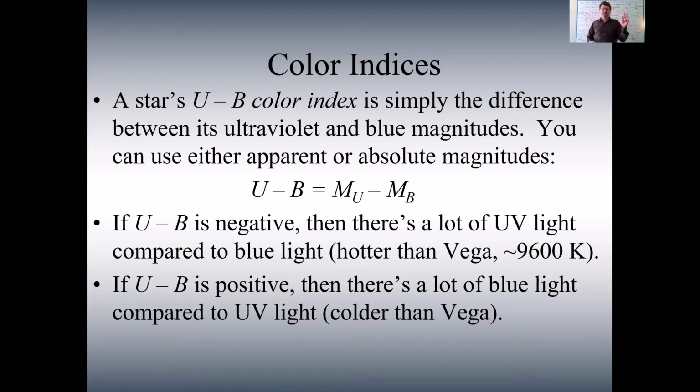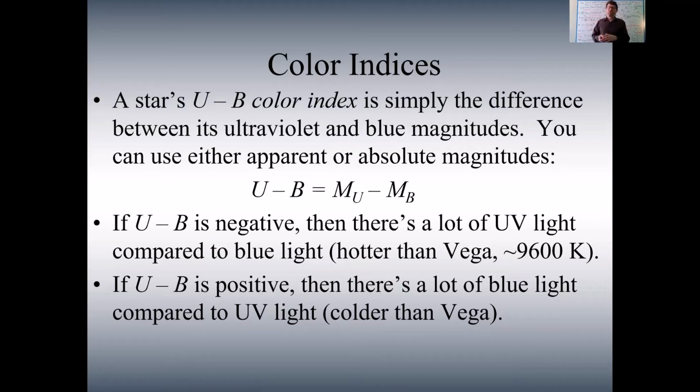And so if the difference in magnitudes U minus B is negative, it means in a sense that the U light is stronger than the B light, loosely speaking, because U is smaller than B, so that U minus B was negative. And so the ultraviolet light, there's more of it. There's more U than there is B, blue light.